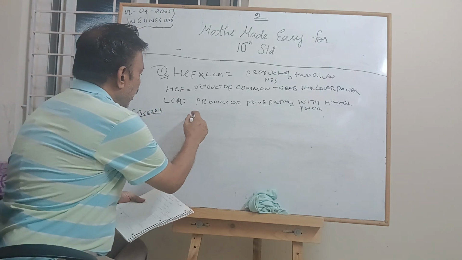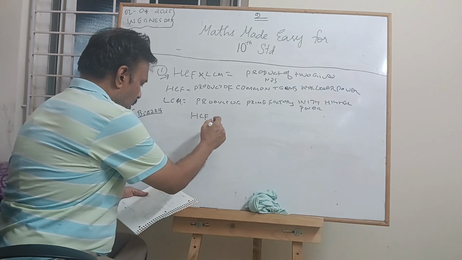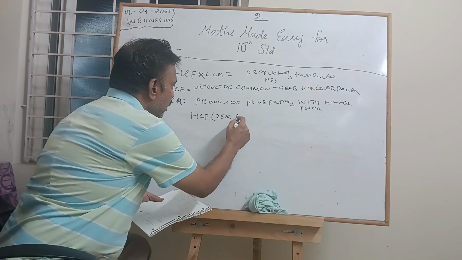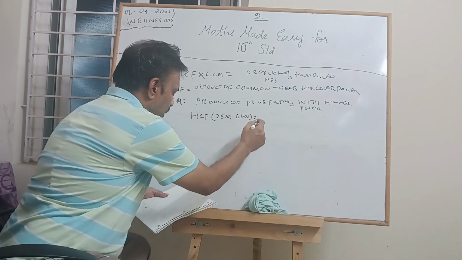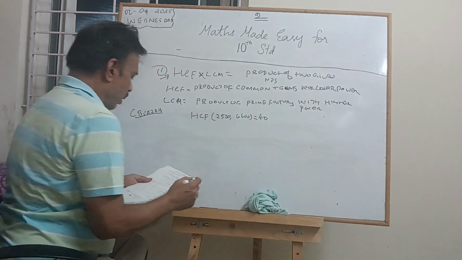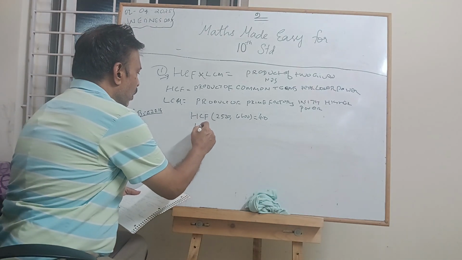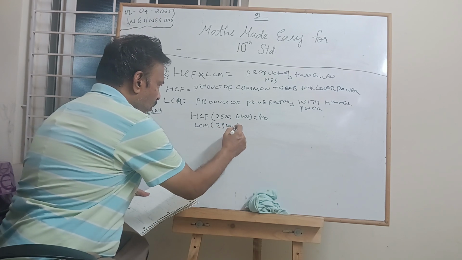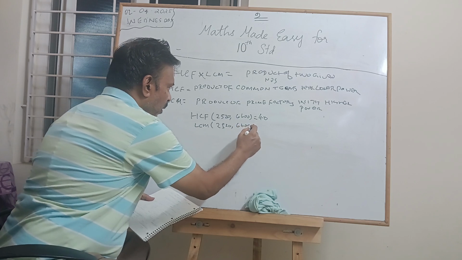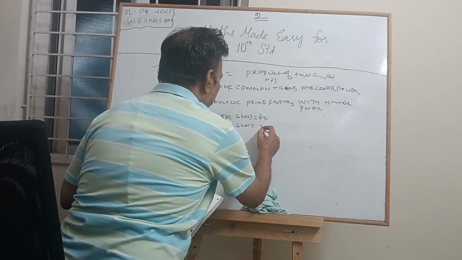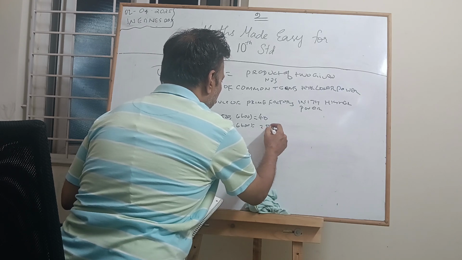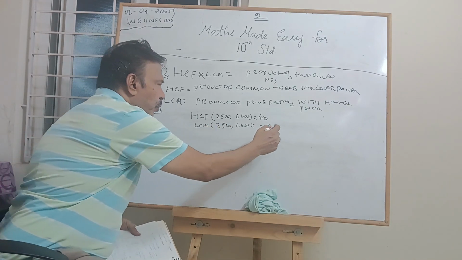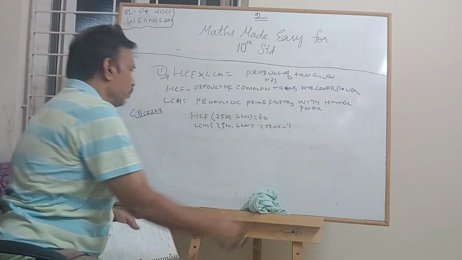That is, HCF of 2520 and 6600 is equal to 40, and LCM of 2520 and 6600 is equal to 252 into K. Okay, now we should find out what K is.